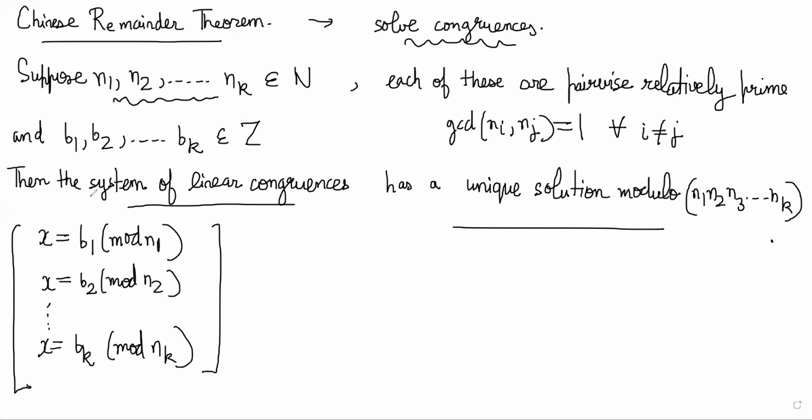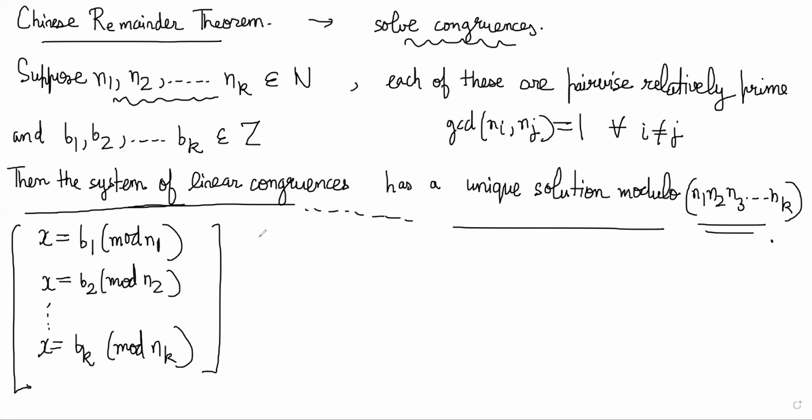And the equation was set up like this. So what we will do here is we will try to construct a solution to this congruence. And by constructing it, we'll prove the statement. We'll prove that the system of linear congruences has a unique solution, right? So just write this down.